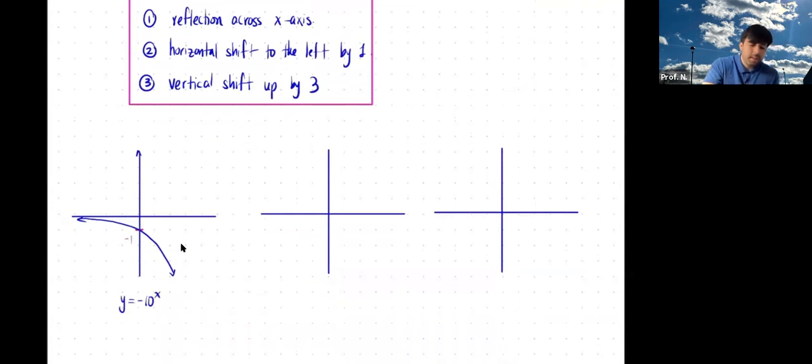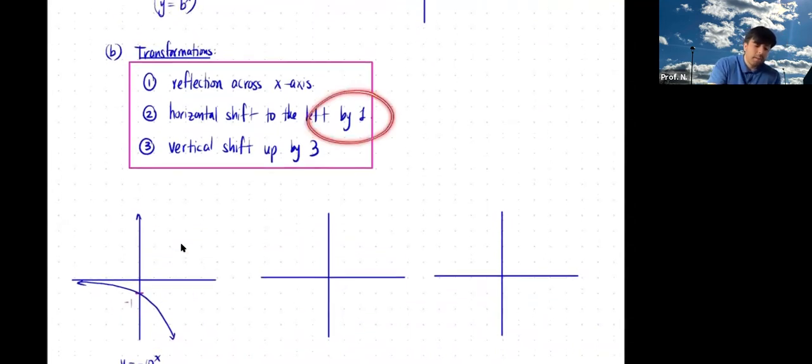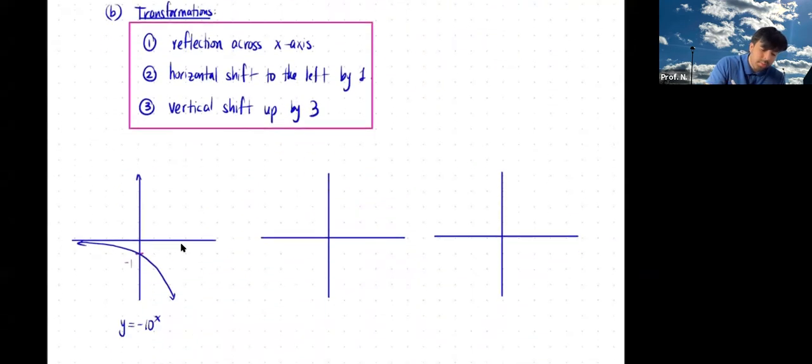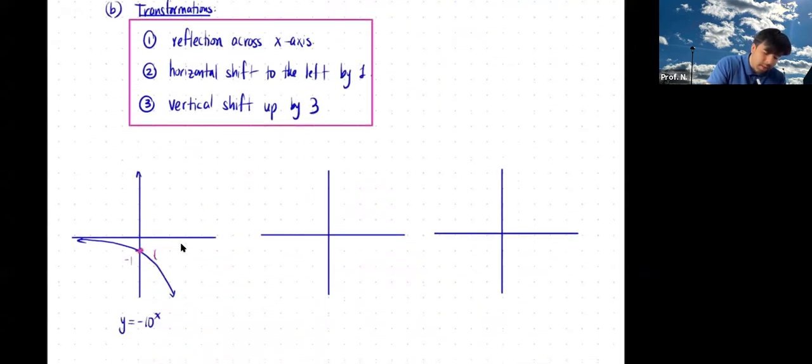And then I'm going to take this and shift it over to the left by 1. So what's the point that I care about? It's this one here, 0, 1. And then this became 0, -1. Then I shifted to the left by 1. So this is my new point, -1, -1. And I still have something that looks like this.